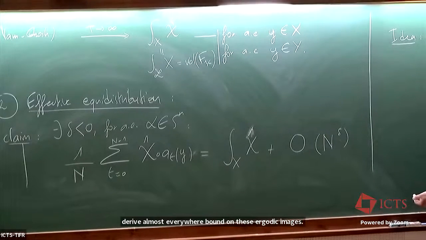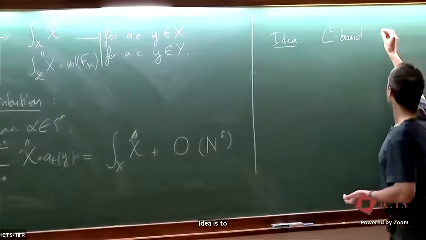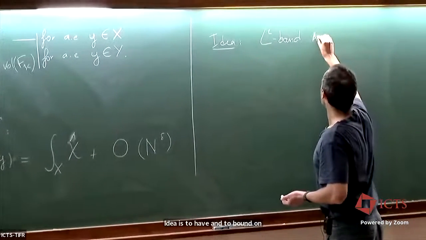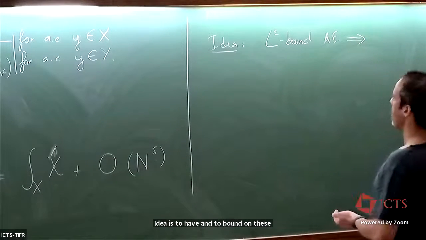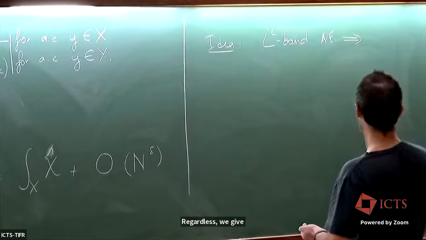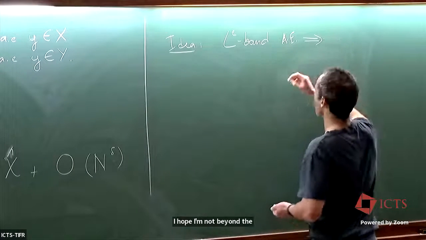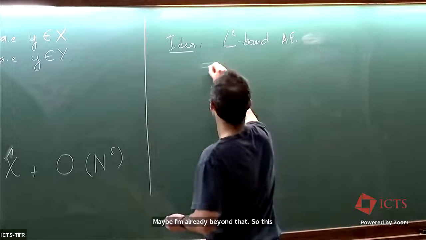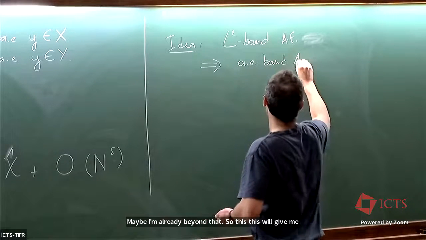The idea is to have an L2 bound on these ergodic averages, which will give me an almost everywhere bound for these ergodic averages.